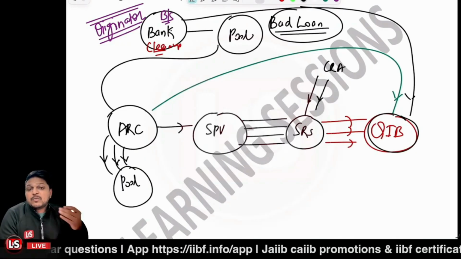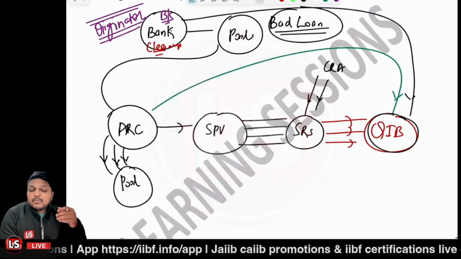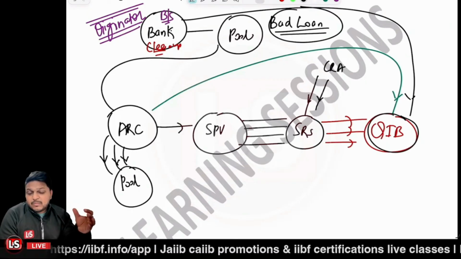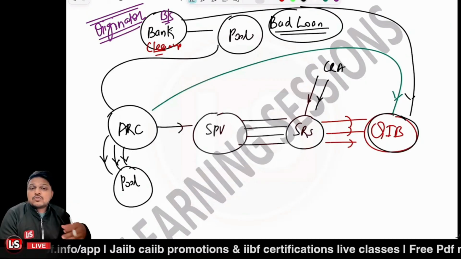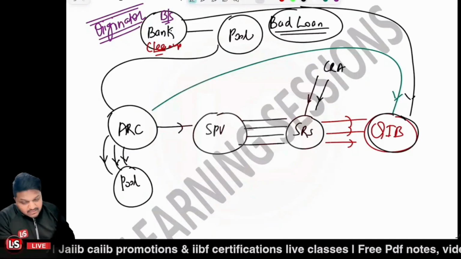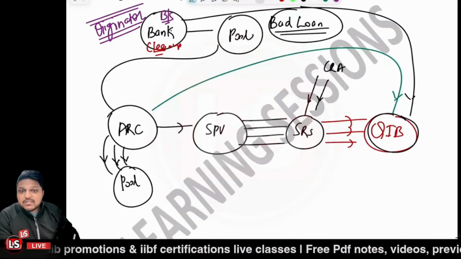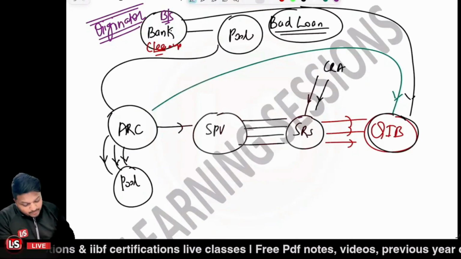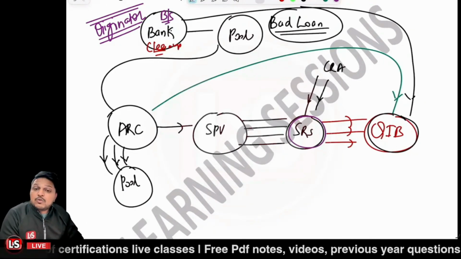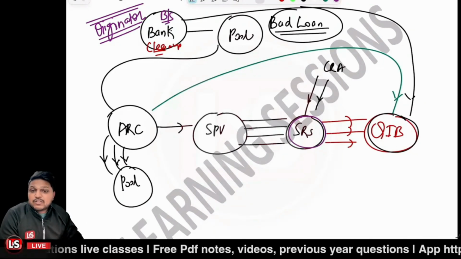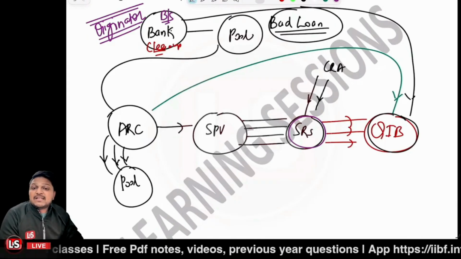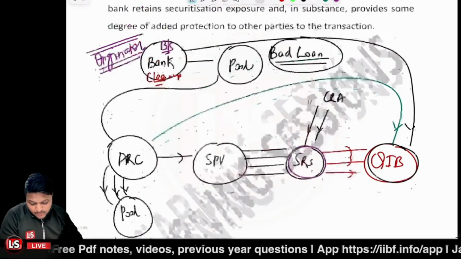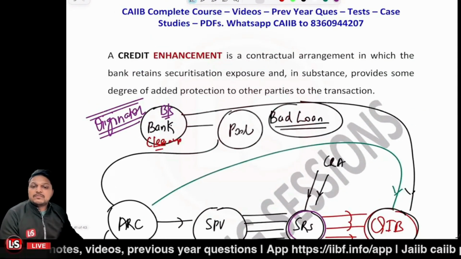The main motive is that the bank wants to increase the credit rating of the security receipts of the senior tranches, so that more investors can invest in them, and to absorb initial losses from the asset pool. That's the purpose related to credit enhancement. Clear with it?